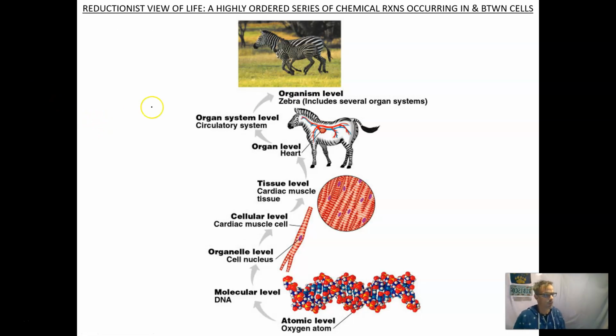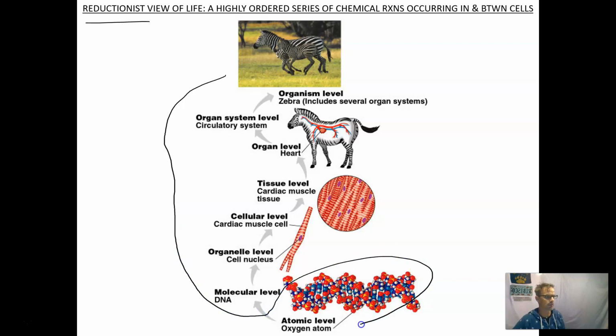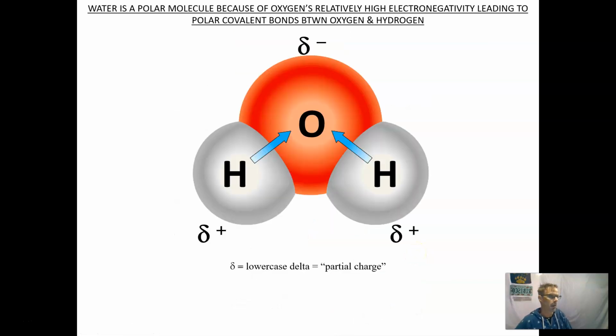The reason we do this is taking this reductionist view of life. If we're looking all the way down from the organism level to the atomic and molecular level, dealing with the molecules and elements in basic biochemistry, one of those molecules that's critically important is, of course, the water molecule.